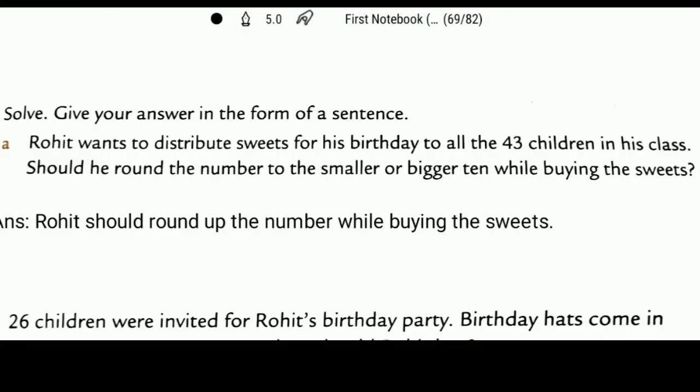3. Solve. Give your answer in the form of a sentence. We have to write answers in a sentence. Rohit wants to distribute sweets for his birthday to all the 43 children in his class.